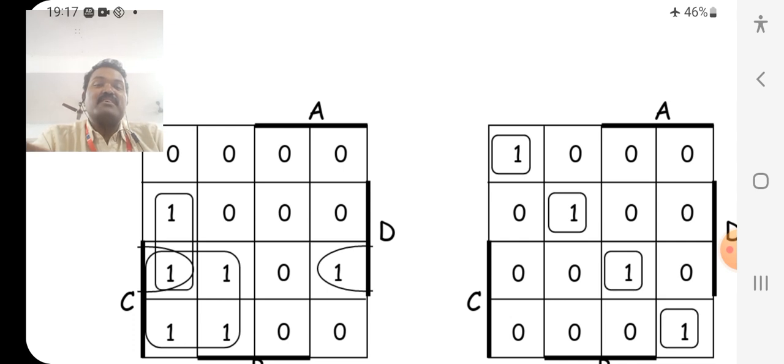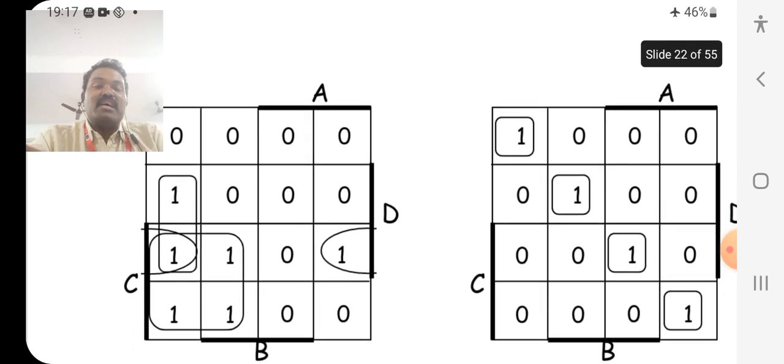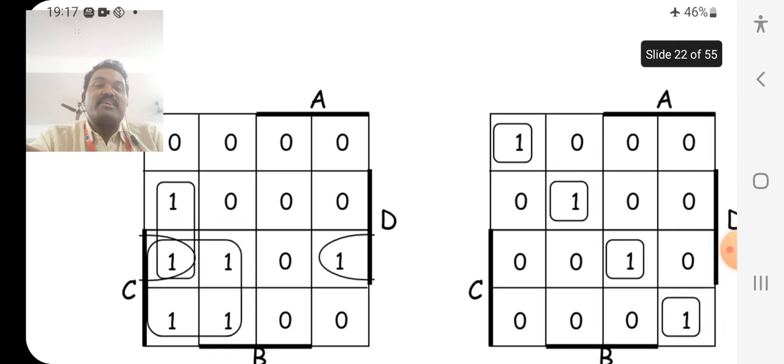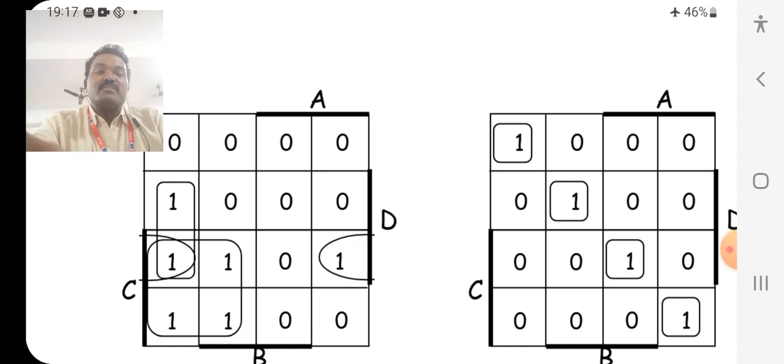Then left side and right side, all the 4 cells are adjacent cells. Only in adjacent cells can we make a group. The group is a single cell, pair, quad, or octal.